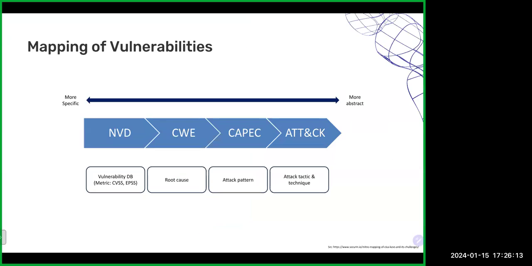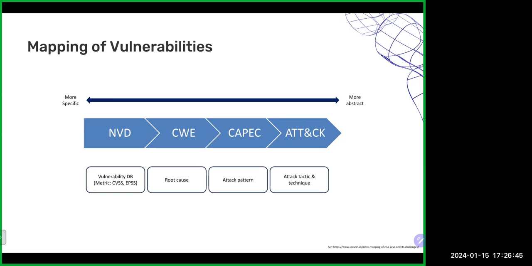And with that, I want to provide a bit more context on how vulnerabilities can be mapped. The National Vulnerability Database has all the vulnerabilities with CVSS and other kinds of scores, and also the properties. It tells you if this vulnerability is related to confidentiality, or if it's remote code execution, or if it's maybe an inefficient regular expression that might lead to a denial of service, and all of that.